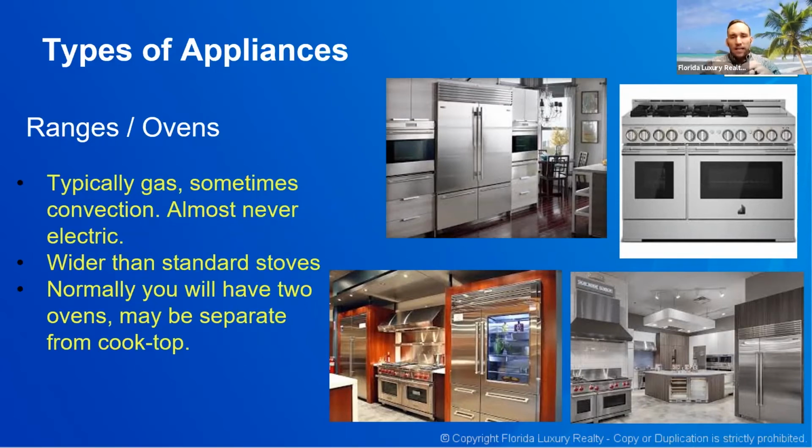They tend to be wider than standard ovens, and they normally are going to have 2 ovens in a home. So it's not at all uncommon to have an oven on this side and an oven on this side, or to have an oversized range with a heating area here on the side, and then a big oven and a small oven.